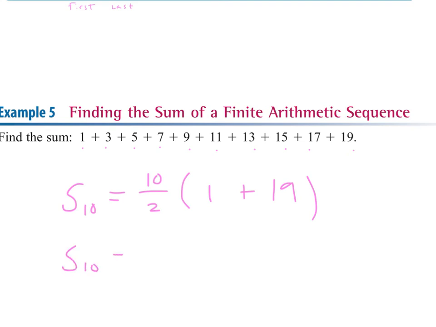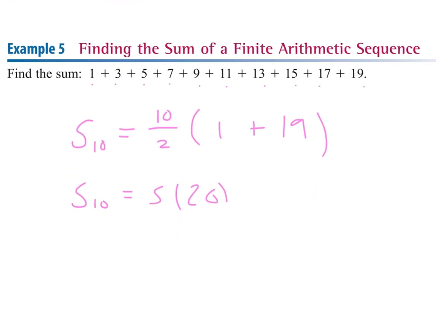So what is 1 plus 19? 20. And what's 10 divided by 2? 5. So what is 5 times 20? 100. So the sum of all 10 of these terms is 100.